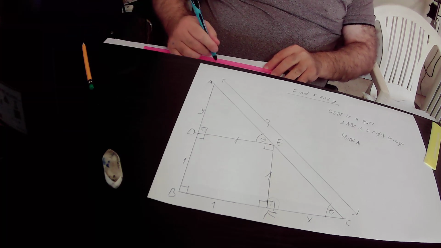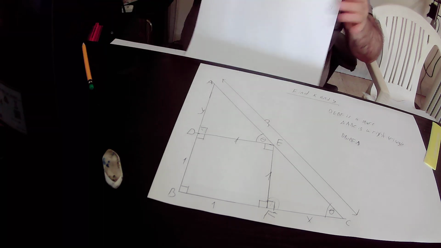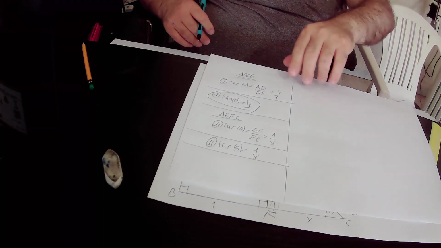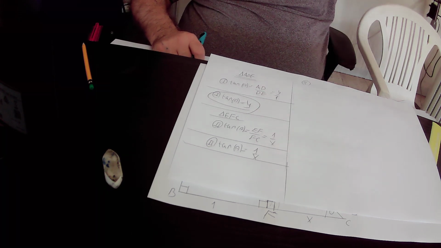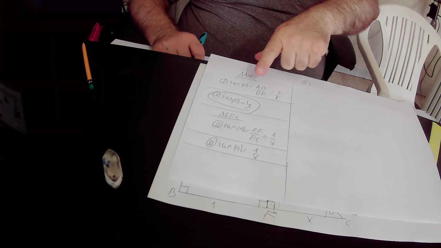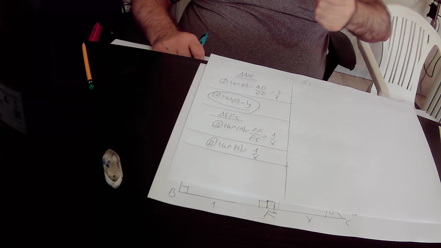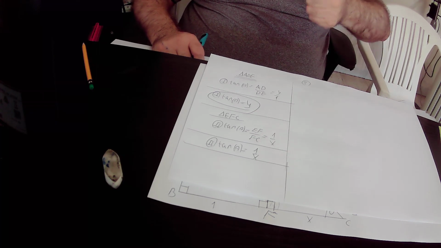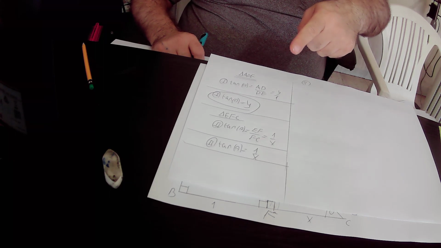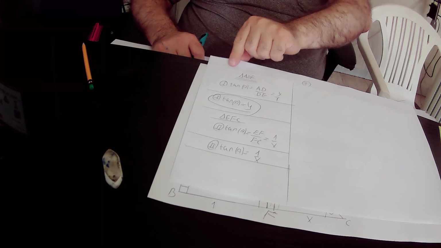I repeat again. According to equation number 2, in the right triangle EFC, tangent theta equals 1 over X, and according to equation number 1, tangent theta equals Y, so we have two different expressions for tangent theta. So we will create equation number 3 that states that tangent theta according to equation number 1 must be equal to tangent theta according to equation number 2.